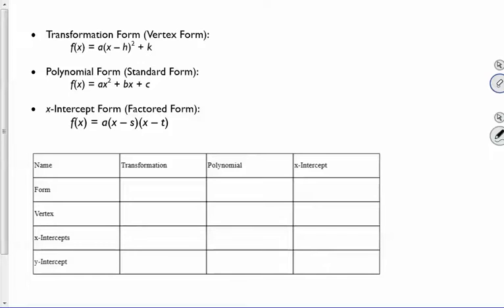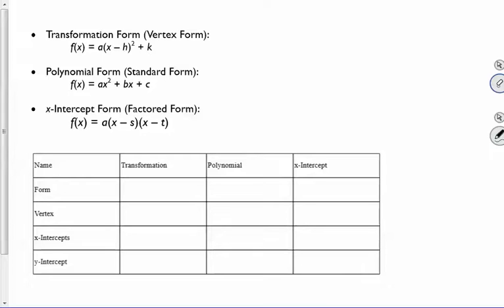There's the polynomial form, also known as the standard form: ax squared plus bx plus c. And then there's the x-intercept form, technically the factored form: a times the quantity x minus s times the quantity x minus t. That's basically if you factored it.